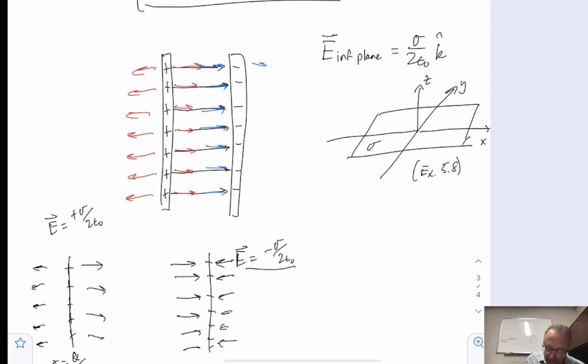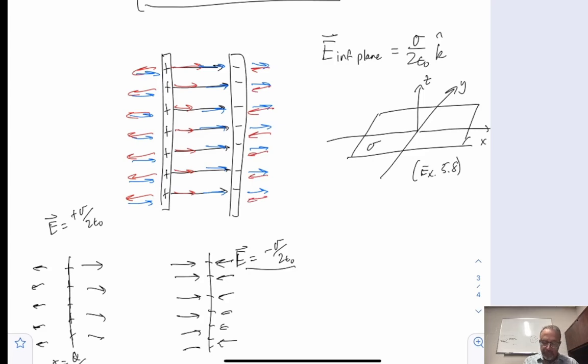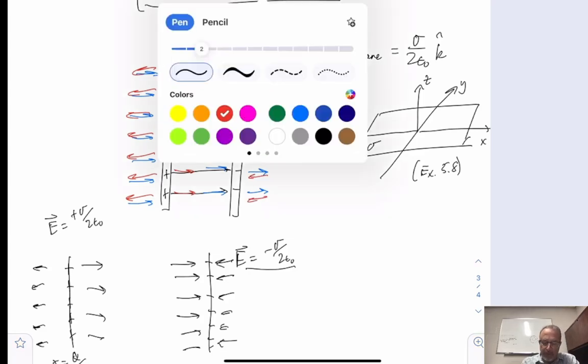And maybe you see what's happening here. Actually, I need to extend my red a little bit, and I need to extend my blue a little bit, because you see that in these regions outside of the charges, the red points opposite the blue. But in the region in between the two planes, the red and the blue point in the same direction.